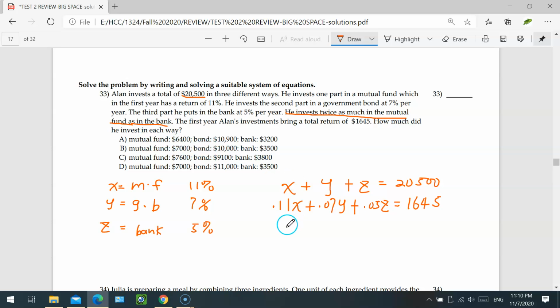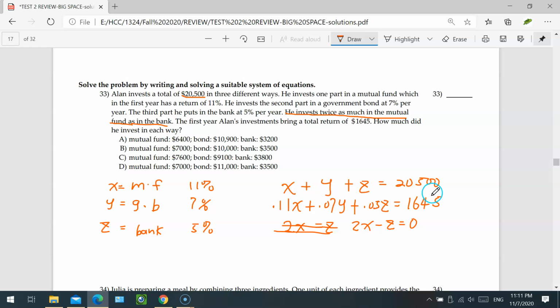So twice of the mutual fund, right? Twice mutual fund is equal to z, right? So twice of the mutual fund is in the bank. I can rewrite this into the equation. We will turn it to 2x minus z equals 0.